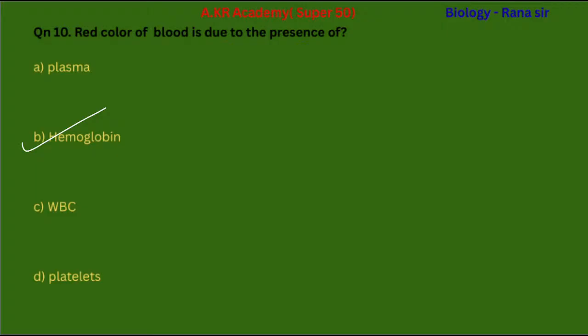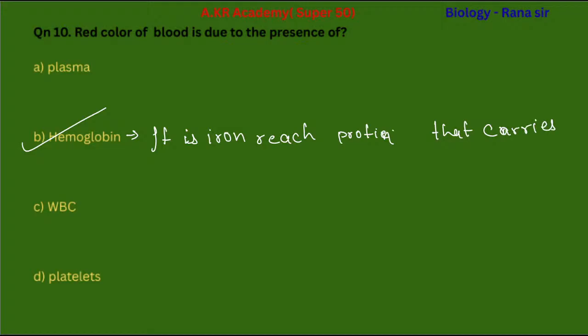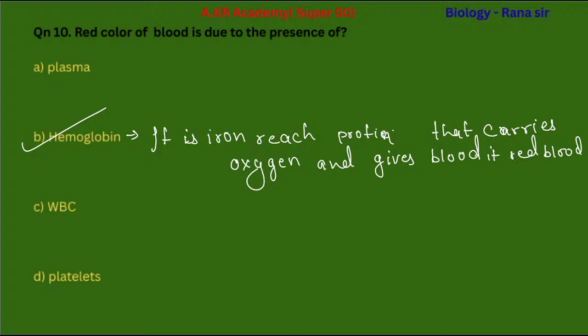Hemoglobin is an iron-rich protein that carries oxygen and gives blood its red color.